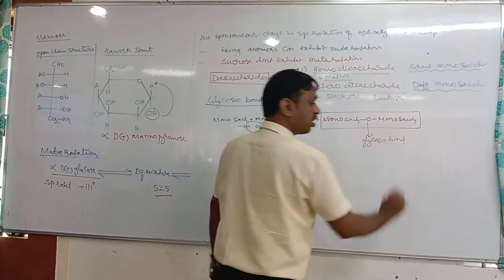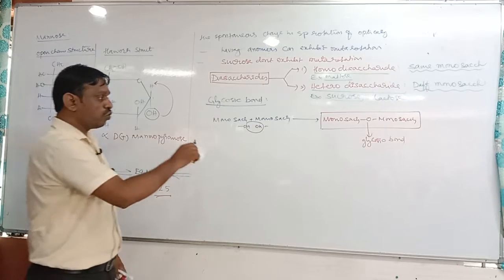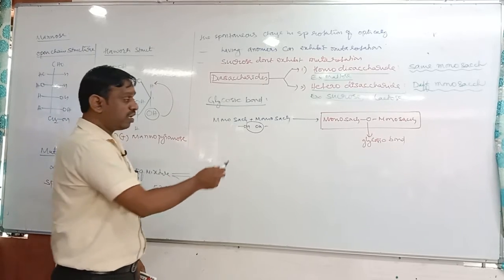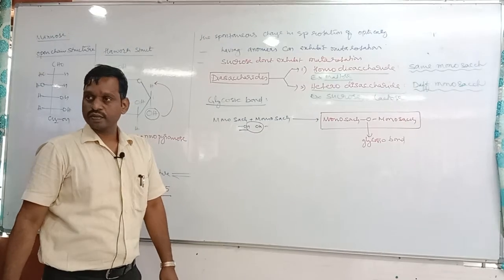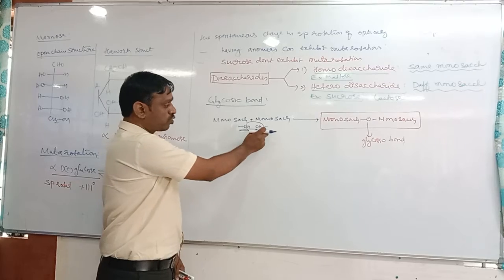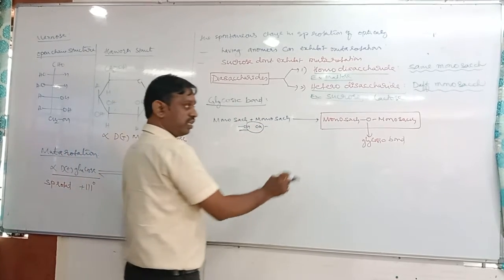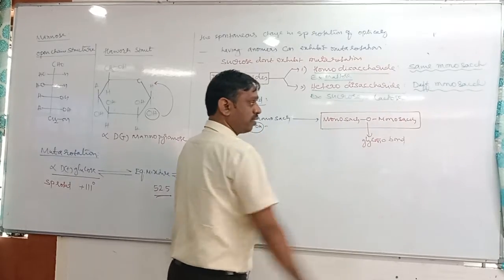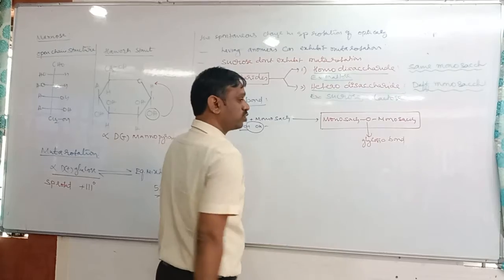This oxygen linkage is called the glycosidic bond. It is formed by interaction of the OH groups of two monosaccharides, eliminating water.